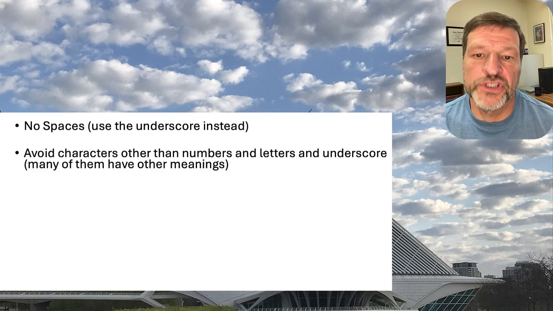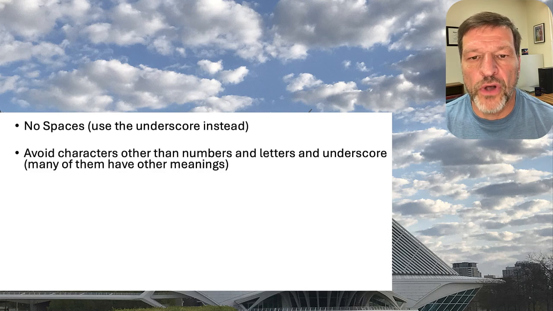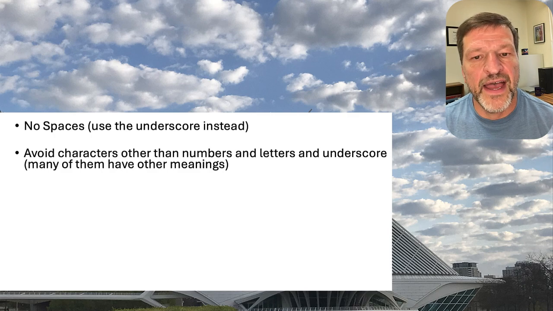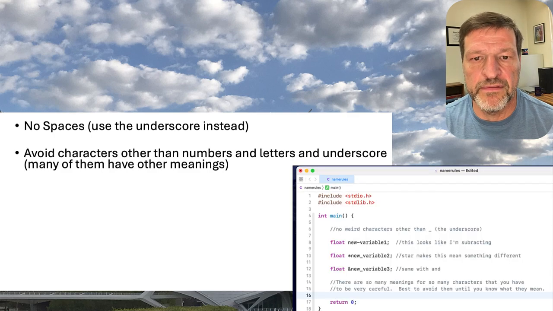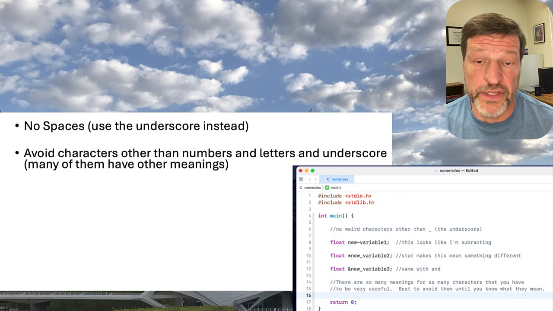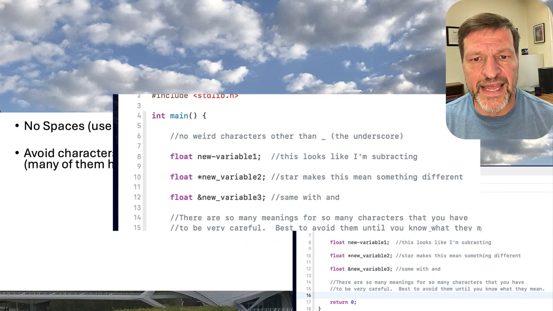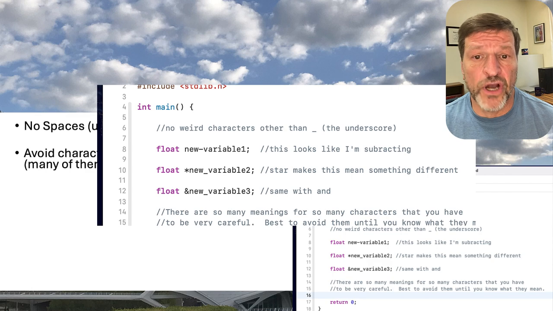The next rule, which includes the first rule, is only use letters, numbers, and the underscore in your variable names. The reason for this is that all sorts of other characters that you can type out have multiple meanings within many programming languages. The example here in C is that star and the ampersand, and they have meanings already, and so do mathematical symbols.